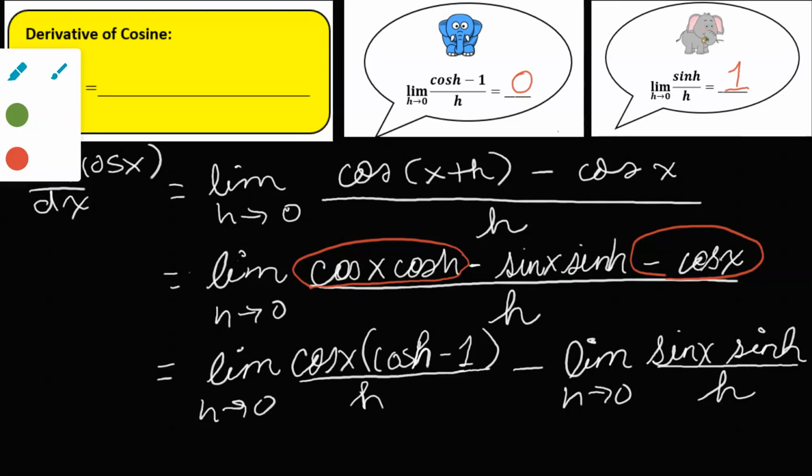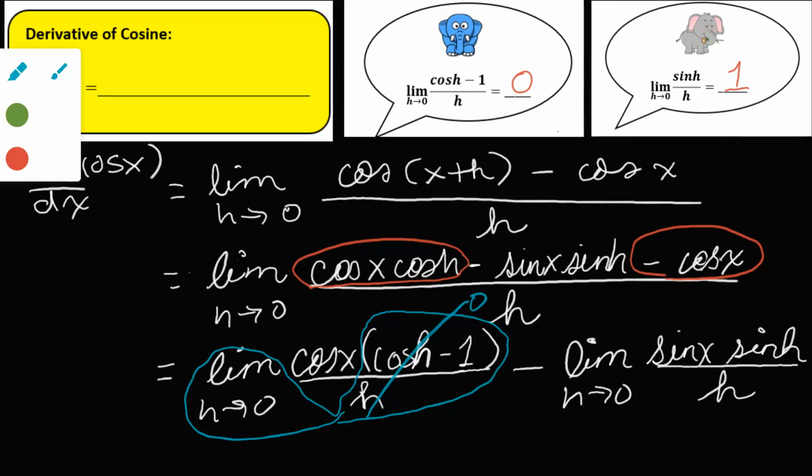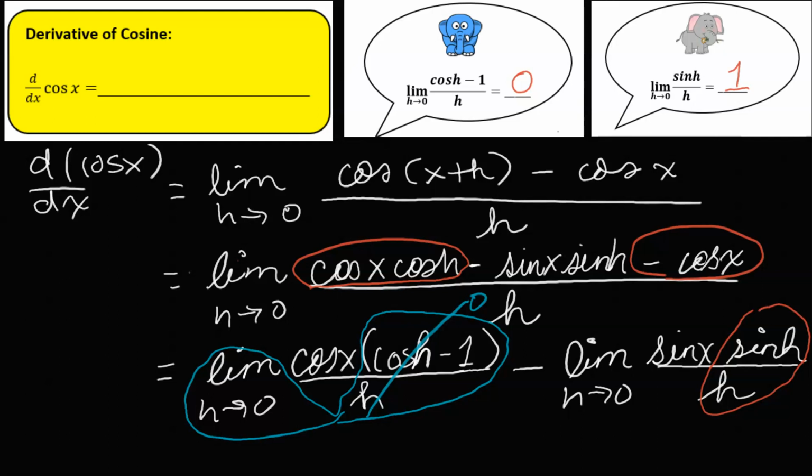The blue elephant is this guy right here, the limit as h goes to 0 of (cosine h minus 1) over h. That goes to 0. The pink elephant is sine h over h. As h approaches 0, this goes to 1.